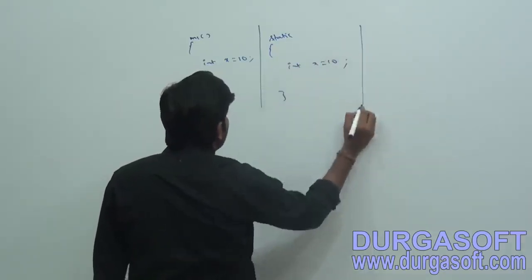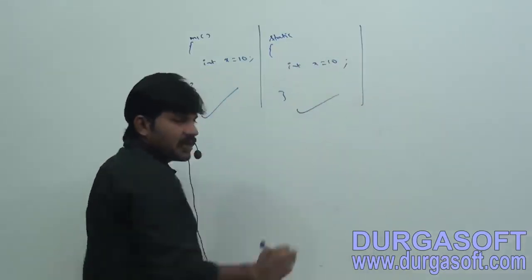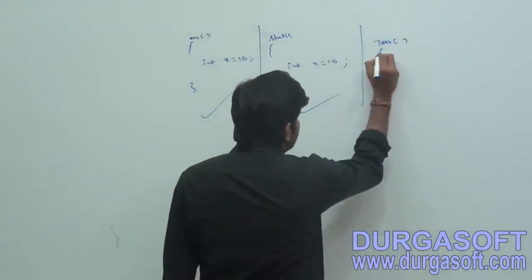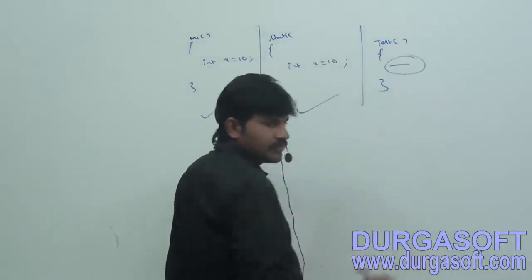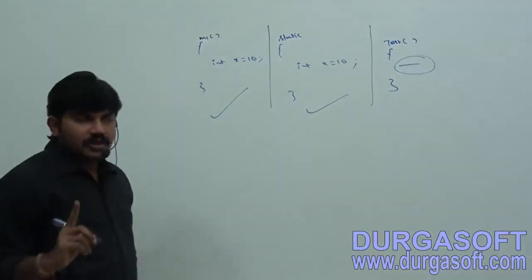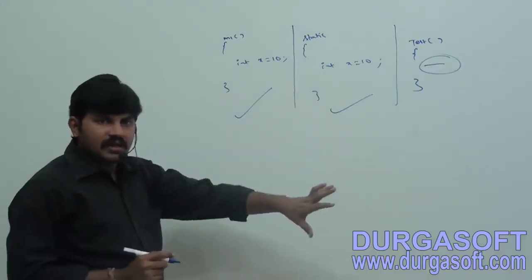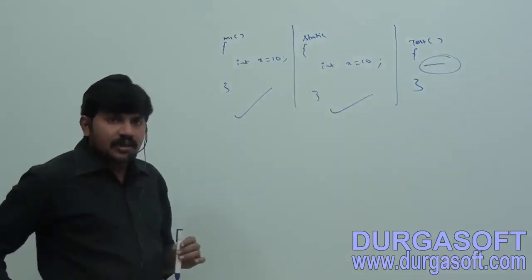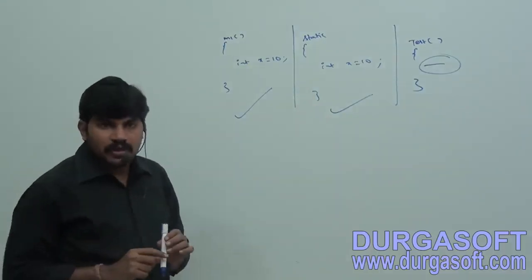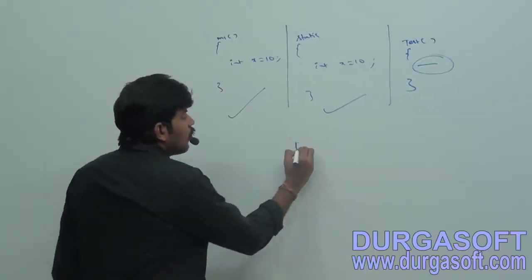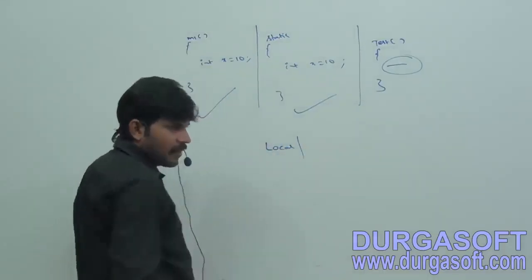The variables which are declared inside a method, or inside a block, or inside a constructor to meet the temporary requirements of the programmer, such type of variables are by default considered as what? Local variables, right? Are you able to understand?